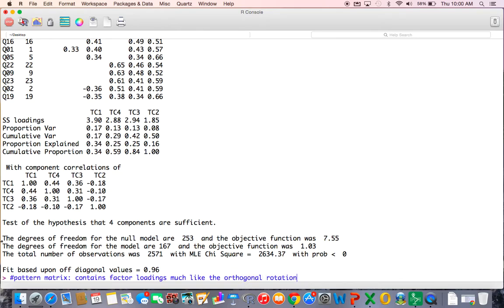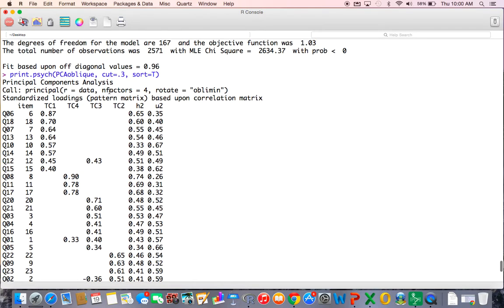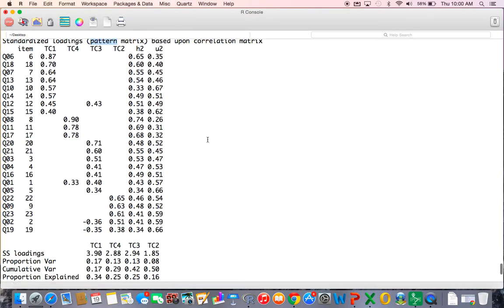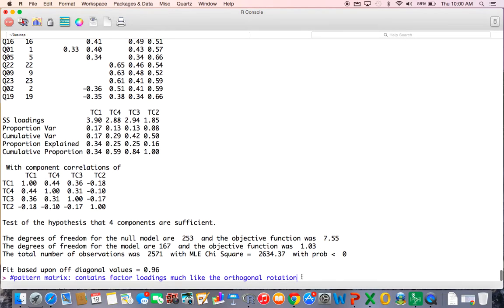In fact, if the correlations between the components were all 0, so there was complete independence, your pattern matrix would be, and let me show you, this is what you get. You get your pattern matrix here, okay? So it's given in your output, and it's going to be really close to your orthogonal rotation if your factors aren't correlated, which means they're independent.